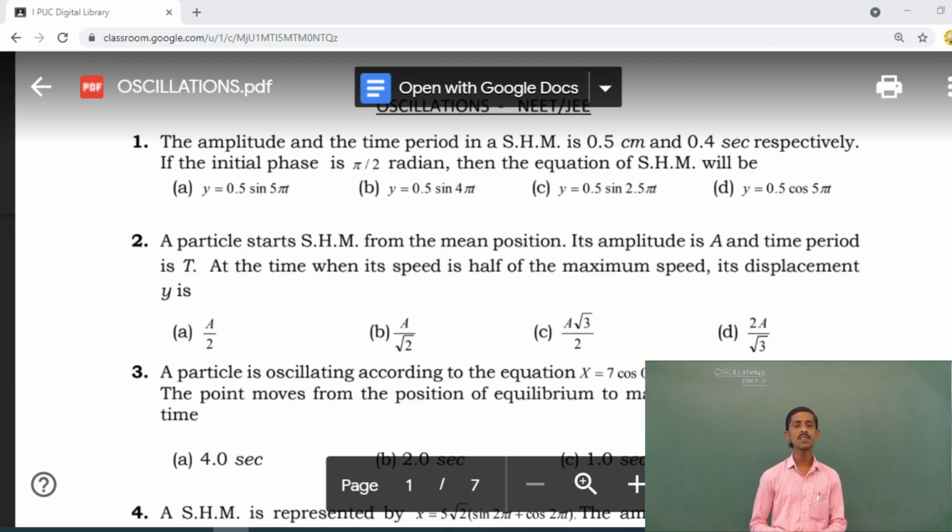If the initial phase is pi by 2 radian, then the equation of SHM will be... You can see once again, amplitude and time period are given, and the initial phase is pi by 2. We are asked to write the equation of SHM.